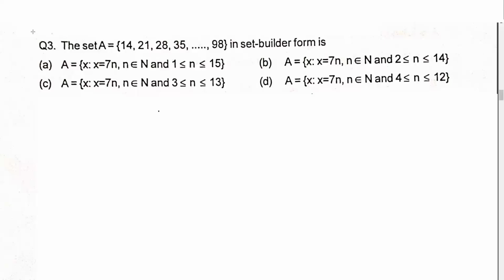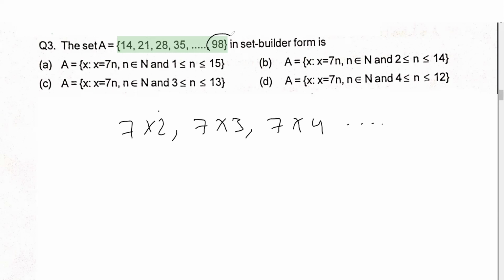In the third question, it says set A, which is the numbers 14, 21, 28, 35 up to 98, in the set builder form. So one thing very clear to observe in this case is that these numbers clearly are the multiples of 7. So I can write 14 as 7 into 2, 21 as 7 into 3, 28 as 7 into 4, and so on, and the last one, which is 7 into 14.